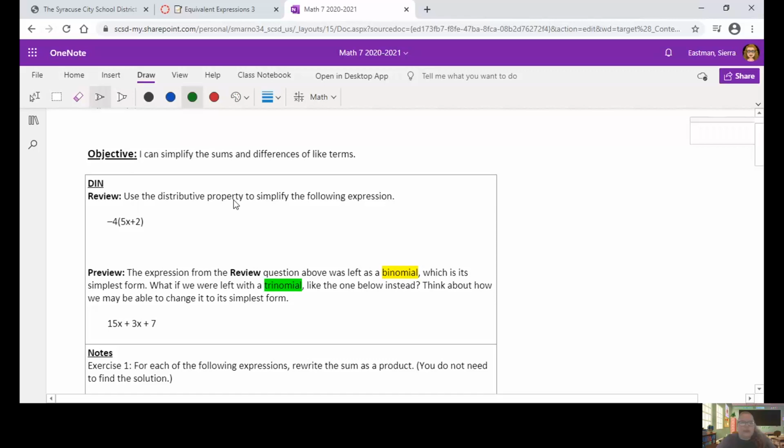With this first part, it says use the distributive property to simplify the following expression. Okay, if you remember from Tuesday's class, and maybe even from earlier than that, we had two different methods that we could use. One was the area model method, where you would set up both of your expressions here, -4 on one side and the 5x plus 2.